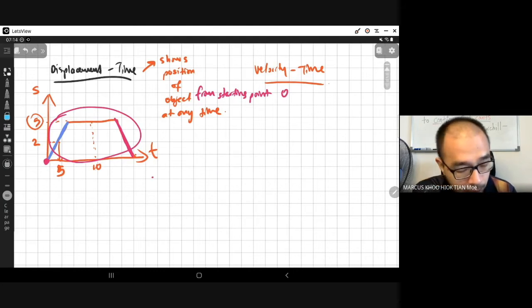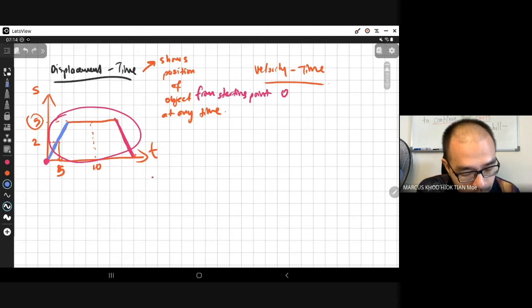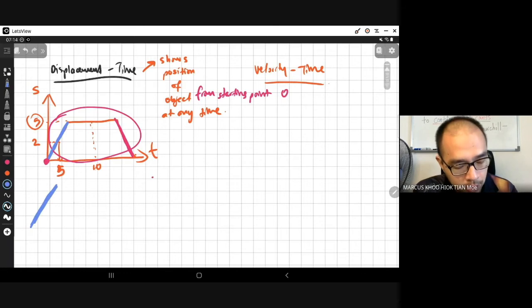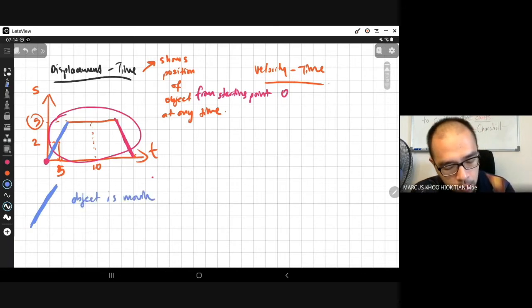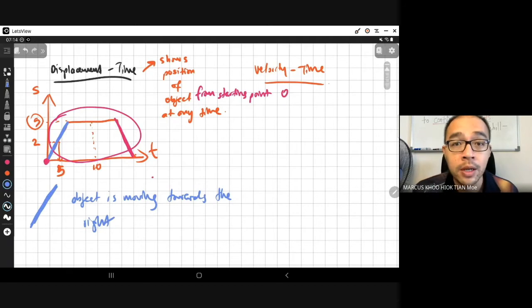movement better. Now the blue color section means that the object is moving towards the right. It is moving away from this one towards the right, assuming that positive is the right.